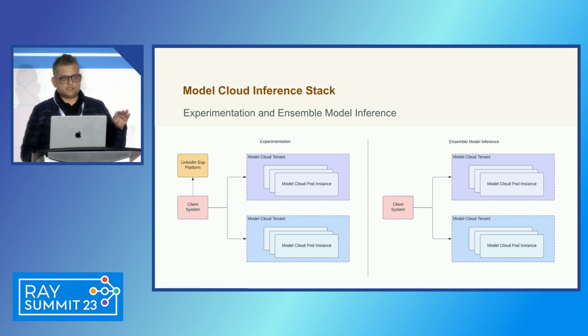Then the client system switches between these tenants depending on the experiment configuration. On the ensemble side, we have a similar story where we host various types of models in their own tenants and then switch between them on the client side, which means that if you want to do model 1, then some business logic, and then model 2, you would make round trips to the inference stack.